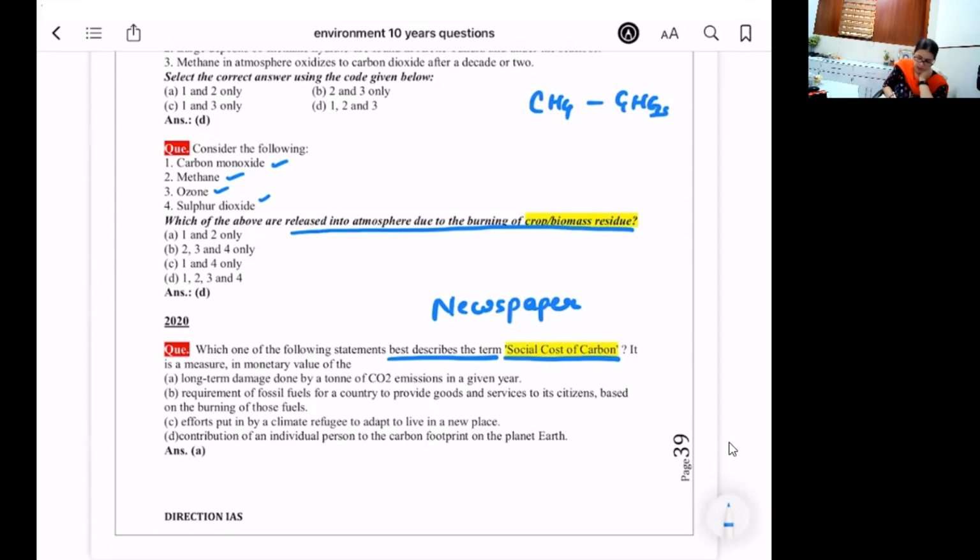It is a measure in monetary value of the long-term damage done by a ton of CO2 emissions in a given year. This is basically derived from CDM and CER, which are part and parcel of the Kyoto Protocol. And mind it, the Kyoto Protocol, though finalized way back in 1997, came into being in 2005.